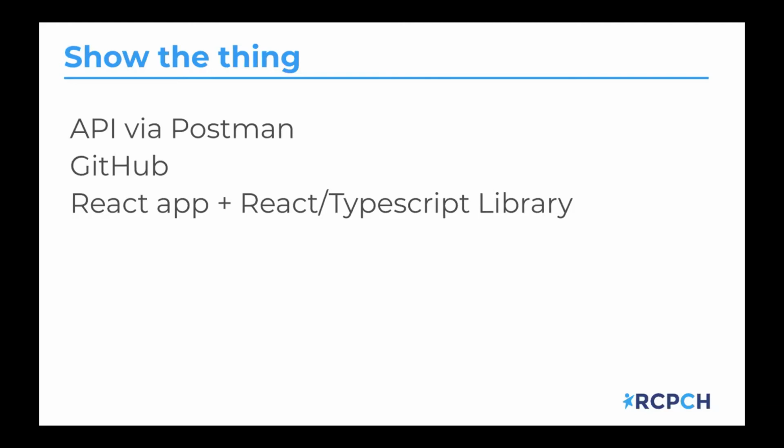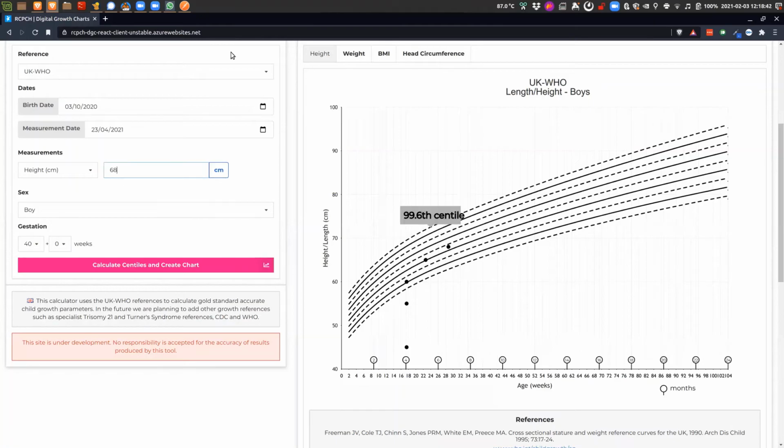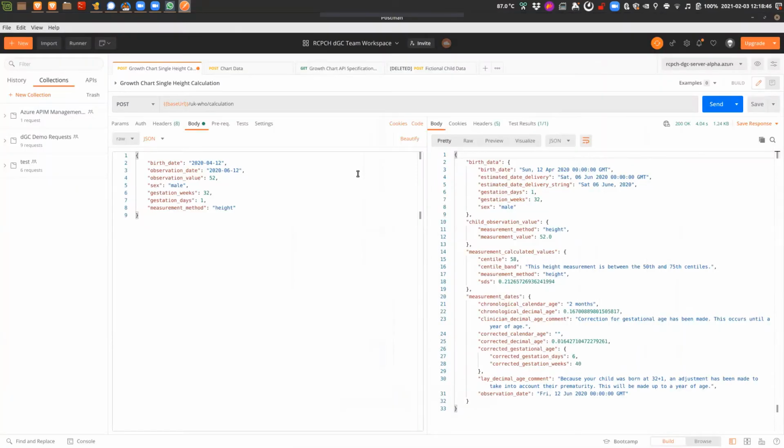So I'll show you the API. So I need to share my screen, share my desktop. I'm going to use a tool called Postman, which is essentially a testing tool for APIs.